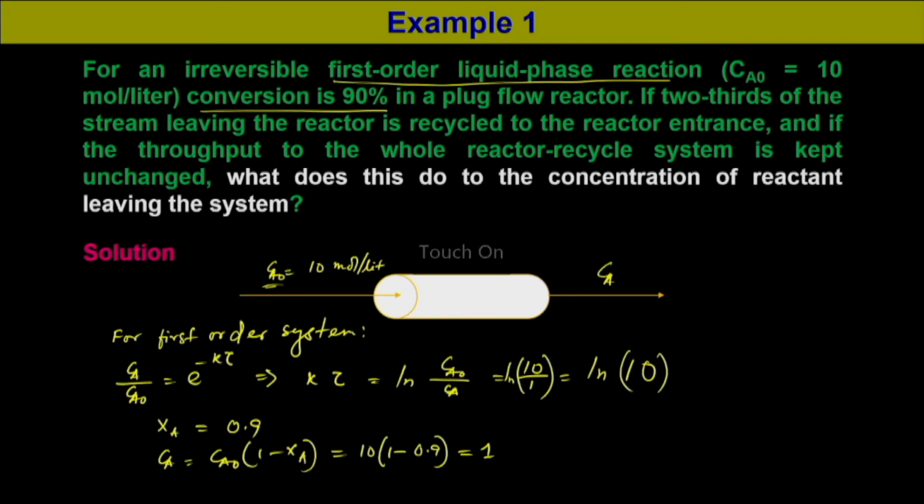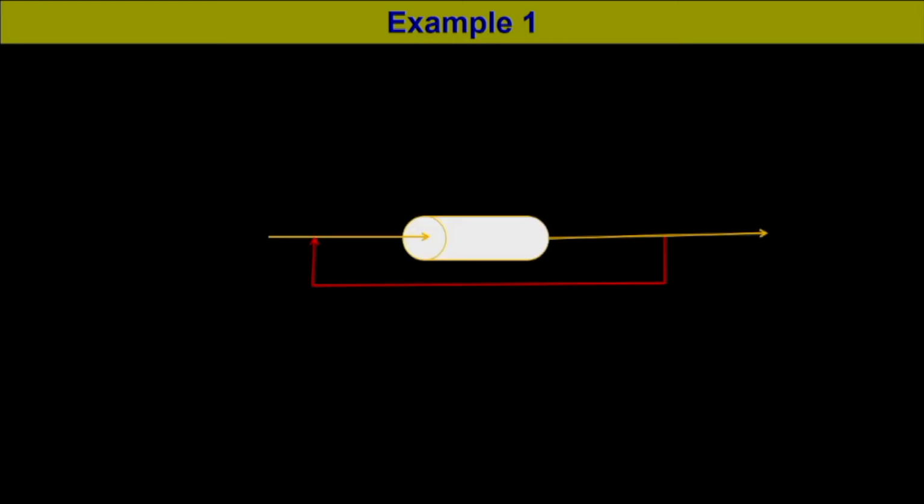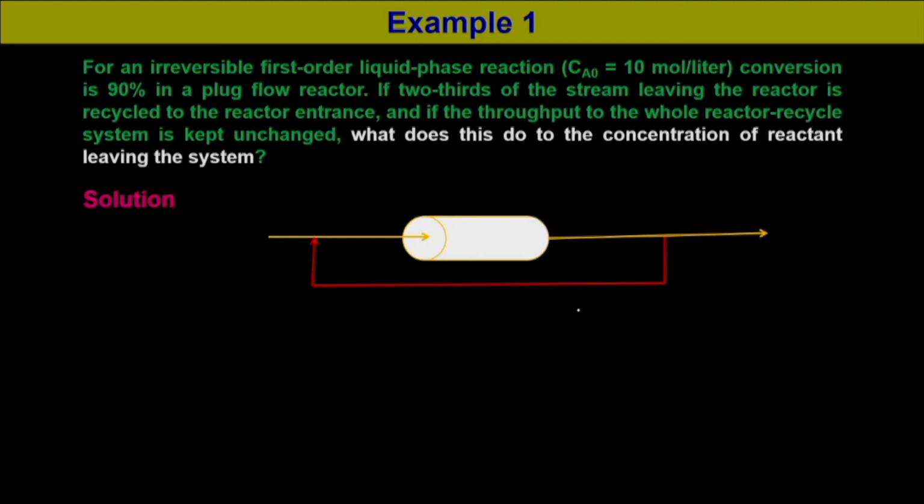Now, as it is said, 2/3 of the stream leaving the reactor is recycled to the reactor entrance. So, from the definition we can write R is equal to the volume of fluid returned to the reactor entrance divided by the volume of fluid leaving the system.